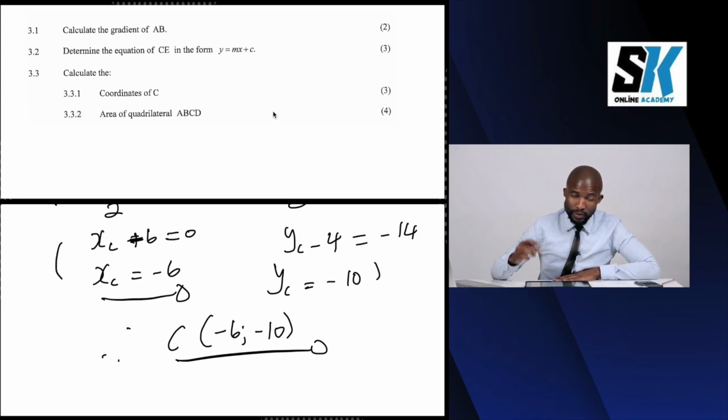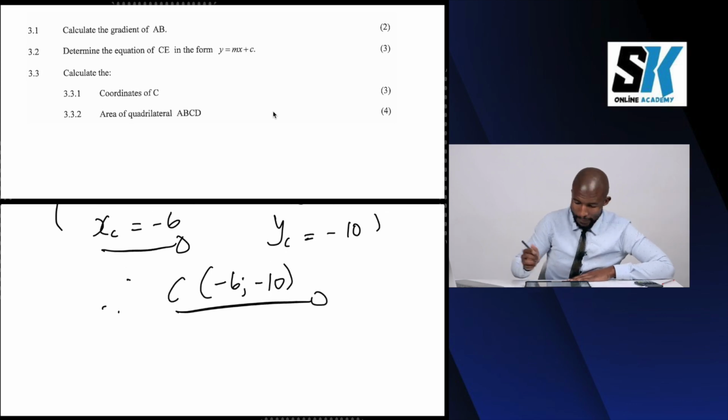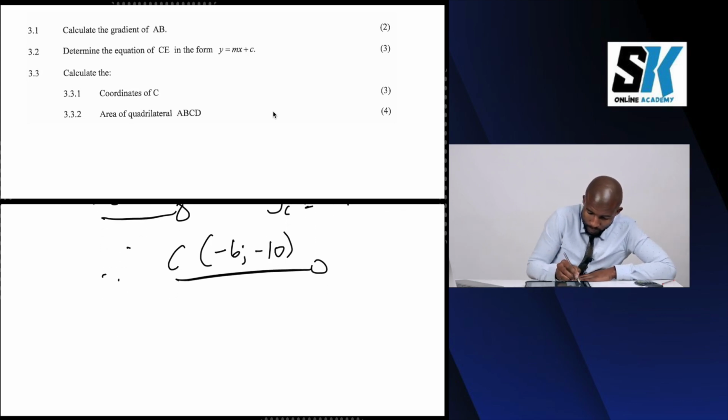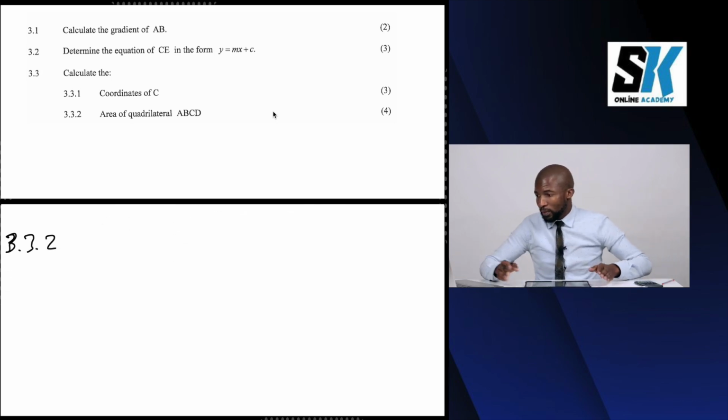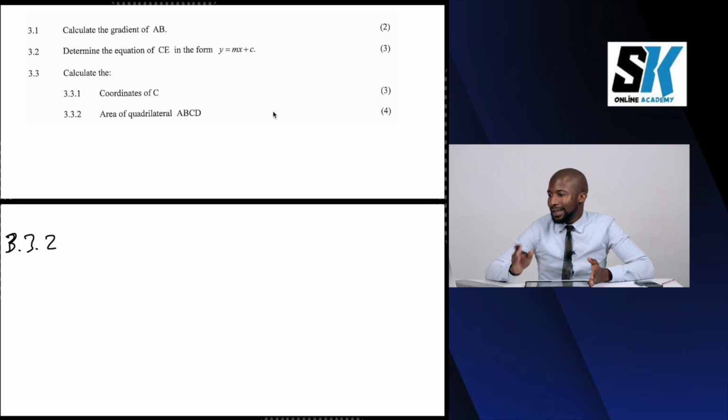And now we move on to 3.3.2. We're still in 3.3, which is a series of questions. So 3.3.2 says calculate the area of the quadrilateral ABCD. So now E is excluded.